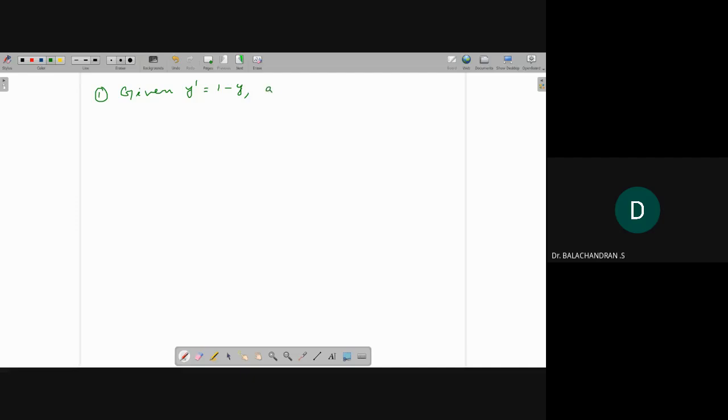Find y of 0.1 by Euler's method. Subdivision 2: y of 0.2 by modified Euler method.